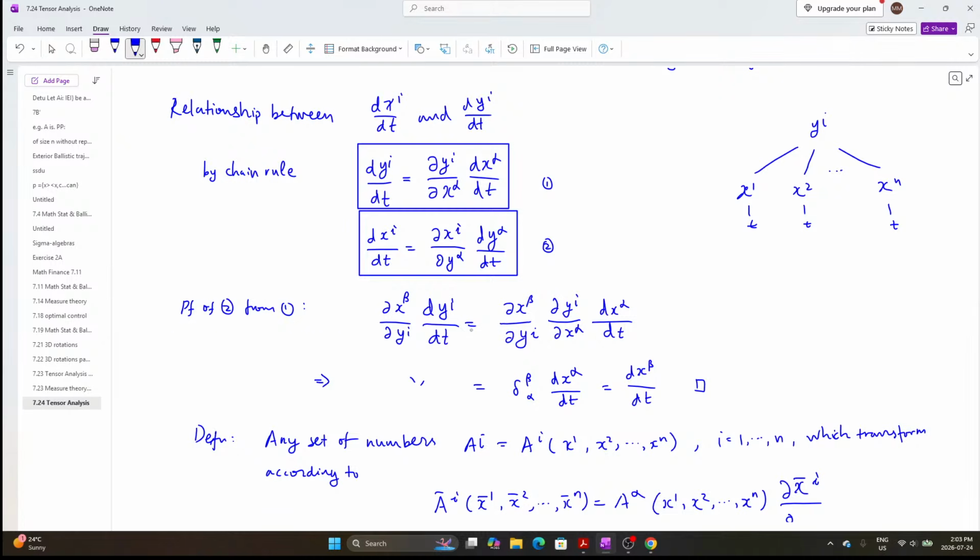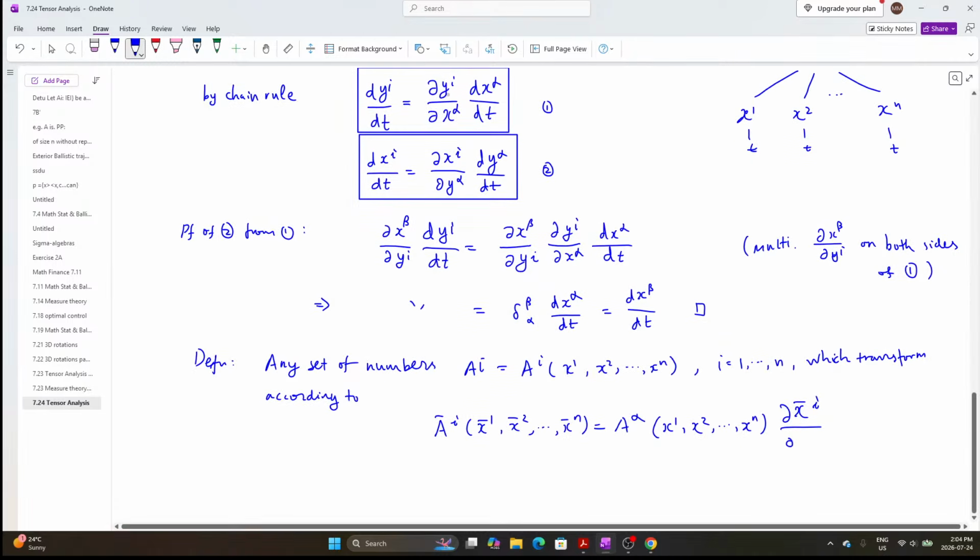Perhaps it's better to justify this step: just multiply dx^β over dy^i on both sides of 1. That is what we did.